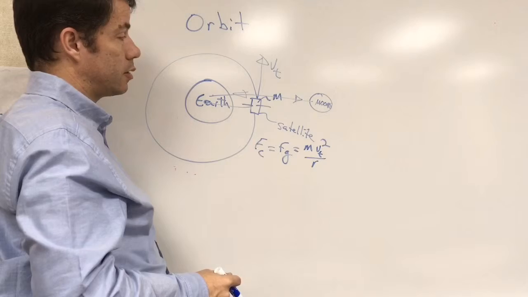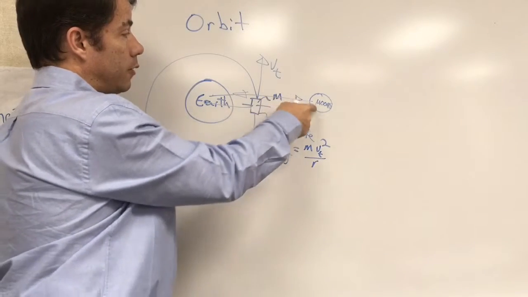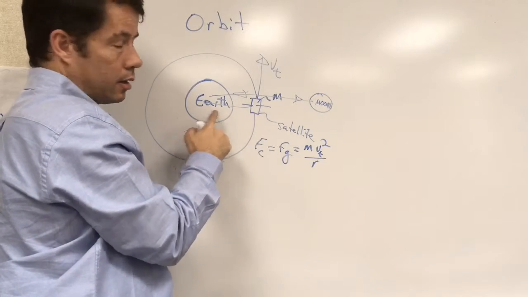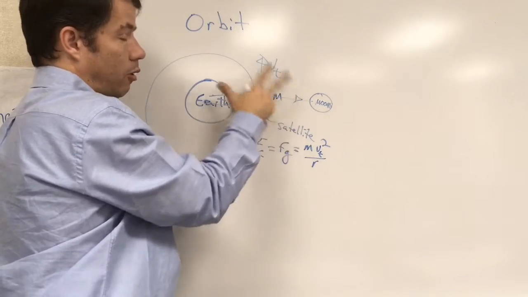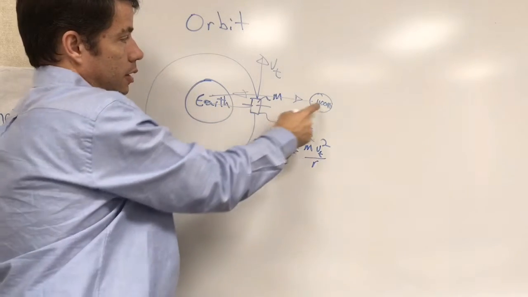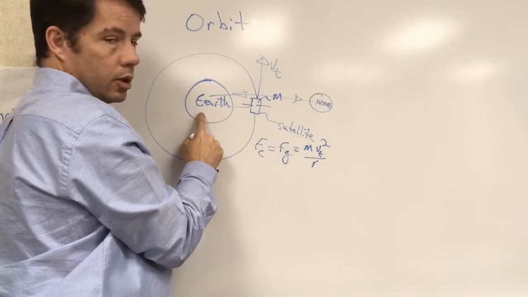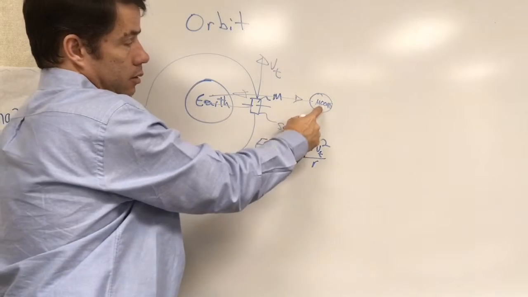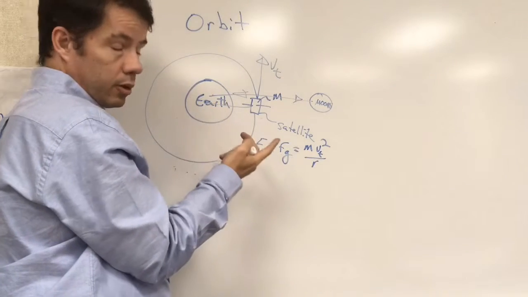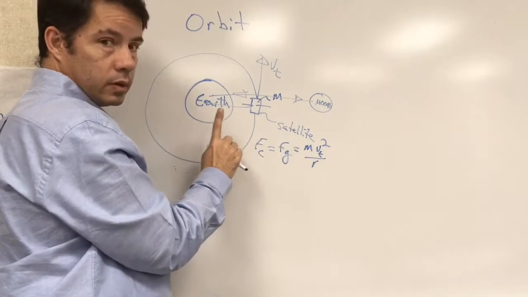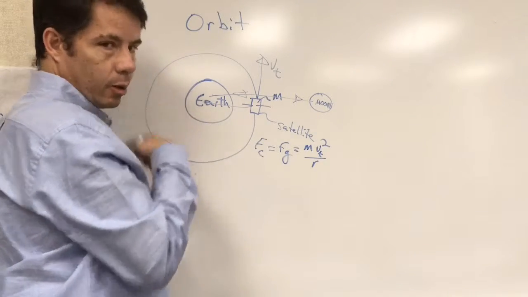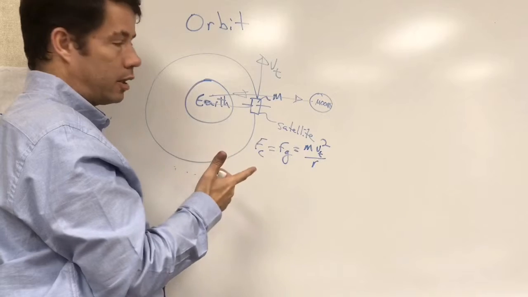So while we often think of the moon going around the Earth and the Earth being stationary, what actually happens is they're orbiting each other. Now, the Earth is so much more massive than the moon that the Earth is going to do more of a wobble, and you're not going to see the motion as much, especially with our sun. The sun actually moves. It's not stationary. It wobbles, but it's nothing like the Earth flying around in circles around the sun.